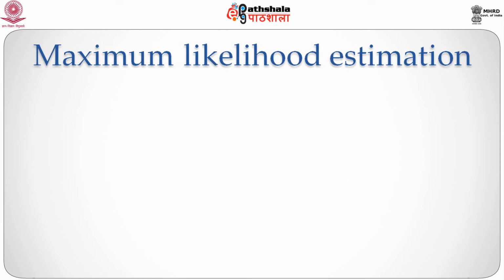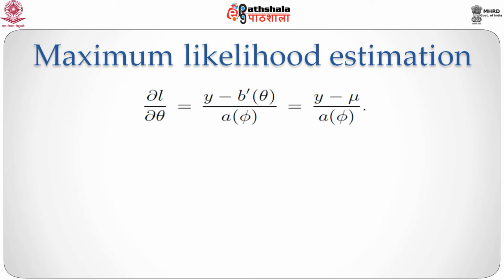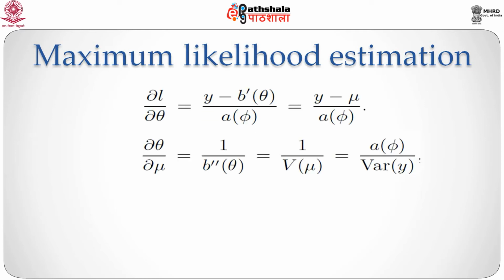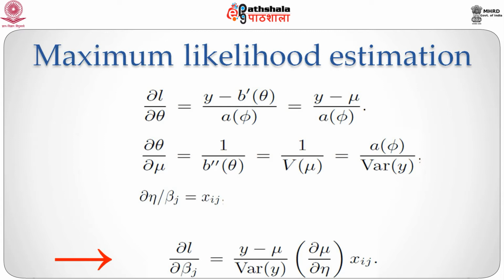The components of this are given by del L del theta equal to (y minus b'(theta)) over a(phi) equal to (y minus mu) over a(phi), using the fact that for one parameter exponential families, mu is equal to b'(theta).